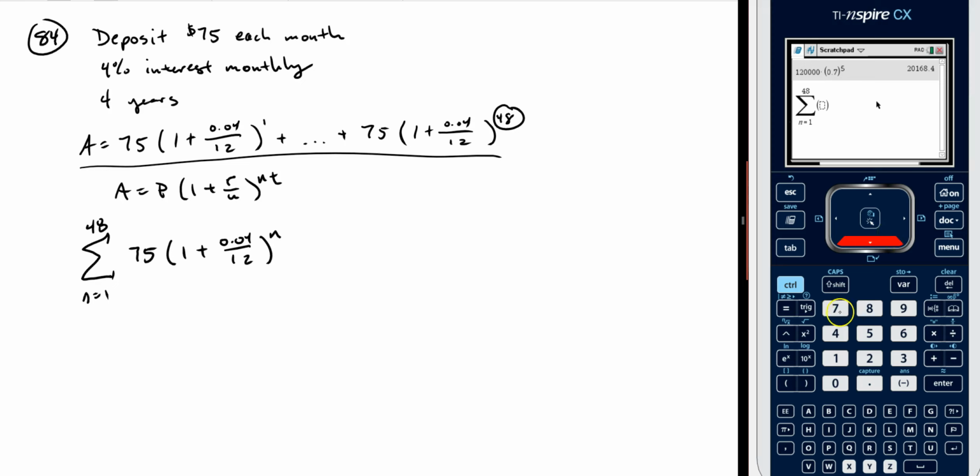And we're going to have 75 times 1 plus 0.04 over 12, and that is raised to the N power. And I'm going to have a total of $3,909.96.